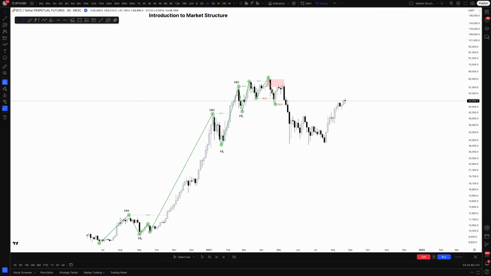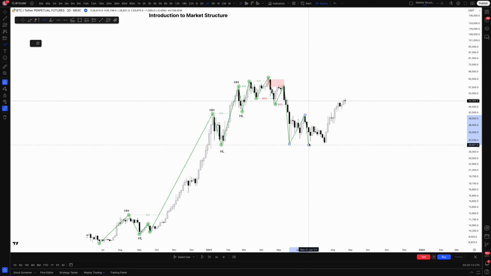Okay, so now if we continue with the structure, we can see that we are shifting the trend. This was our lowest point right here. So we did have some consecutive candles, but I think that would have to be drawn like that. And like this.